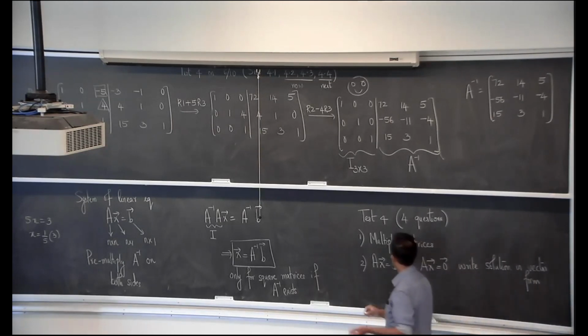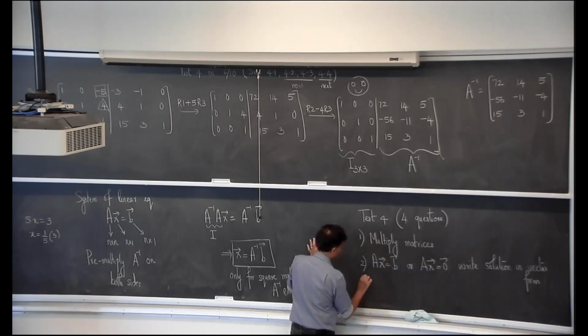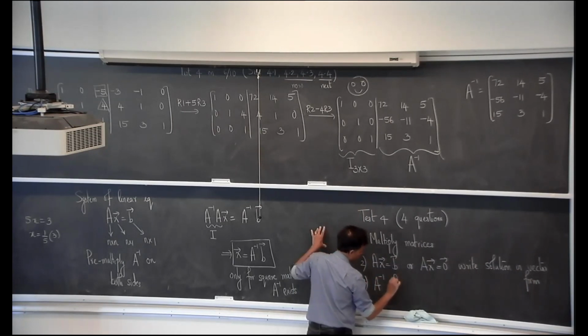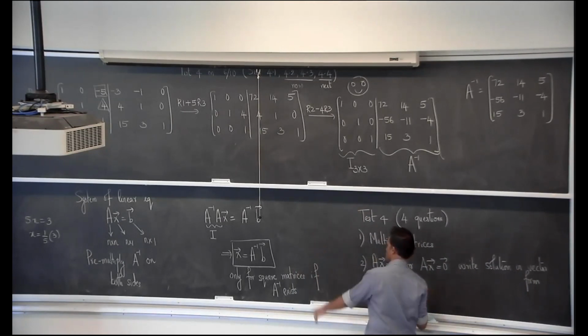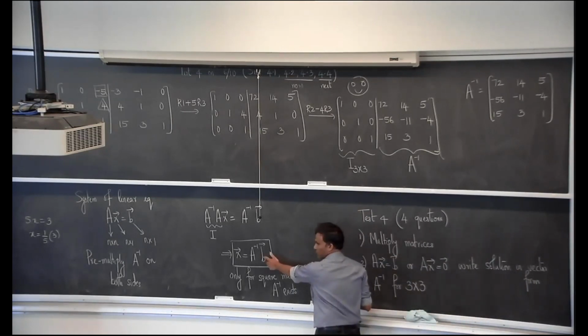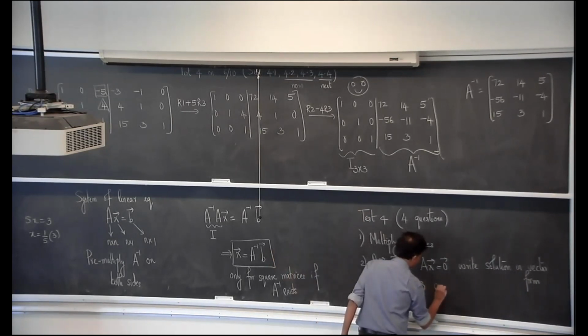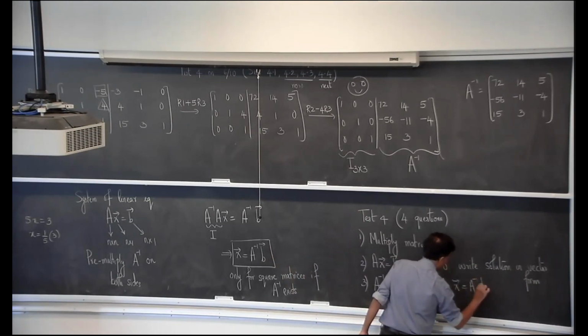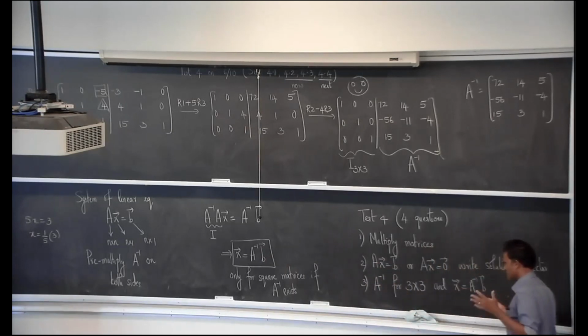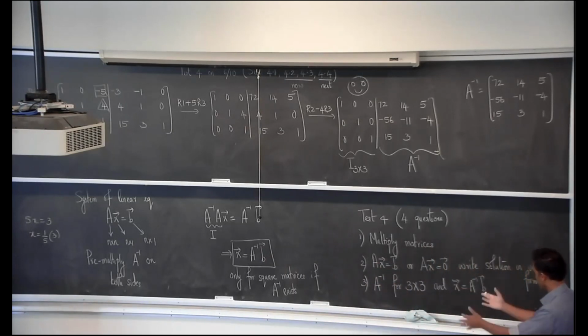Then find A inverse for a 3x3 without a lot of stunt, and also do this one, which we'll do tomorrow. I'll do an example which solves for x as well, but it's not a big deal. Once you have the inverse, you just have to multiply it.